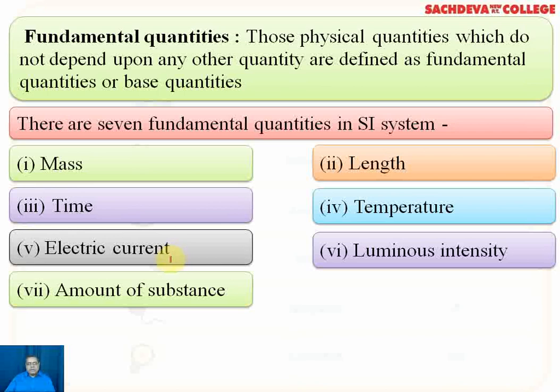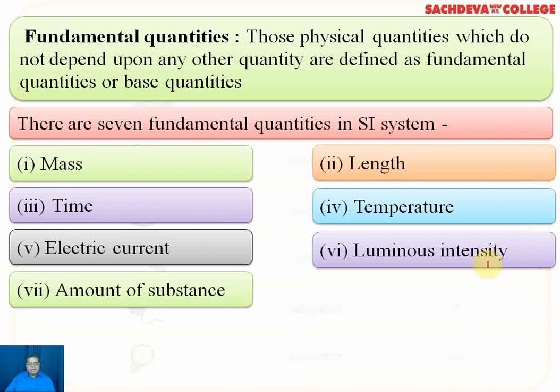If the quantity belongs to the concept of optics, then we use luminous intensity, normally known as candela, cd. So we can express the quantities of optics in terms of dimensions like mass, length, time, then luminous intensity. That is, four dimensions will be considered.